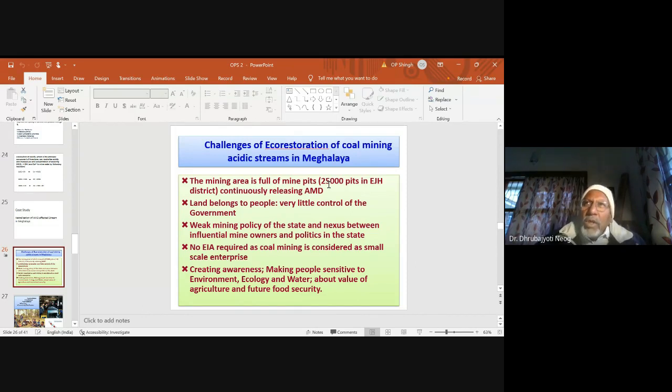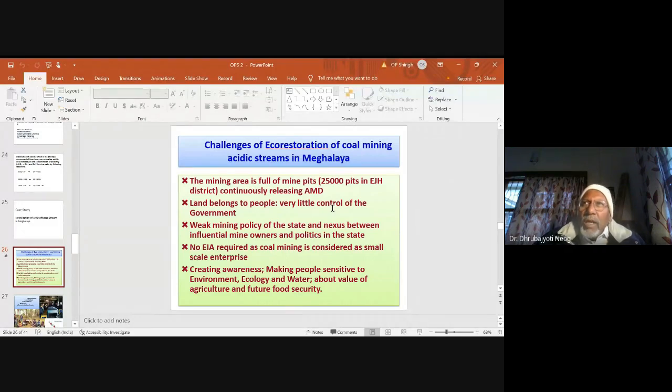But we have chosen an isolated stream where only few pits were present, and that stream earlier people used for their domestic uses. Water from that stream people use for domestic purposes. Then another challenge was land belongs to the people, very little control of the government. Only 7 to 8% land in Meghalaya is purchased by government.